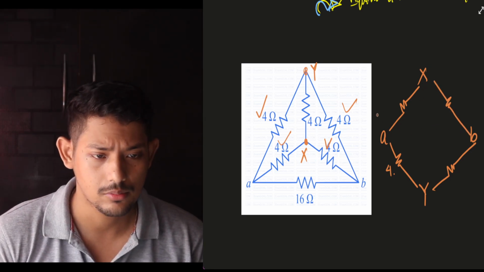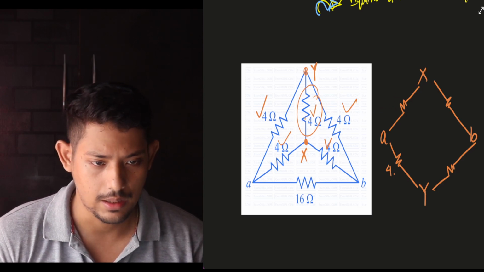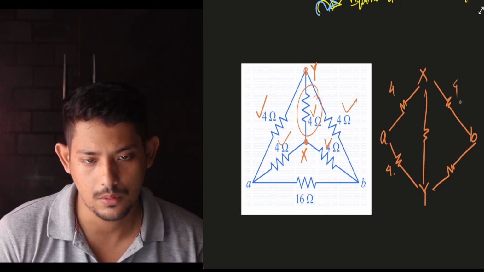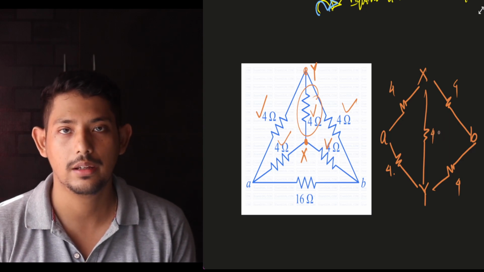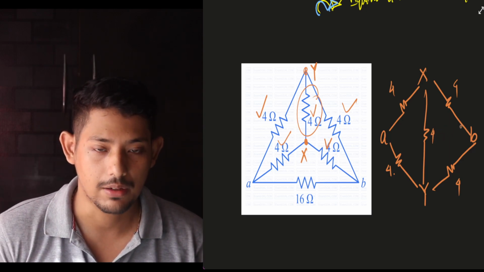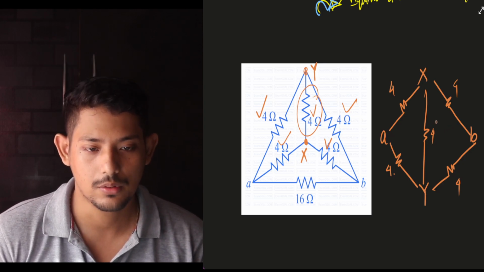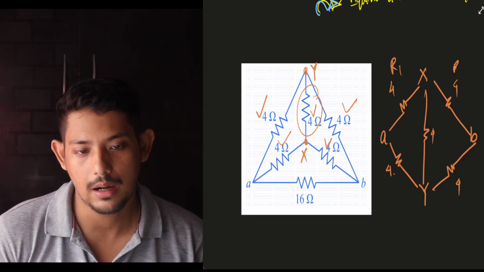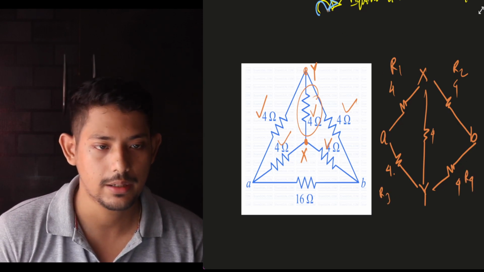Then what else? This one's 1. X to Y, 4 ohms. These are all 4. Now the ones who have developed a keen eye on solving circuits are going to be able to say that this resembles a balanced Wheatstone bridge, because R1 by R2 is equal to R3 by R4, right?